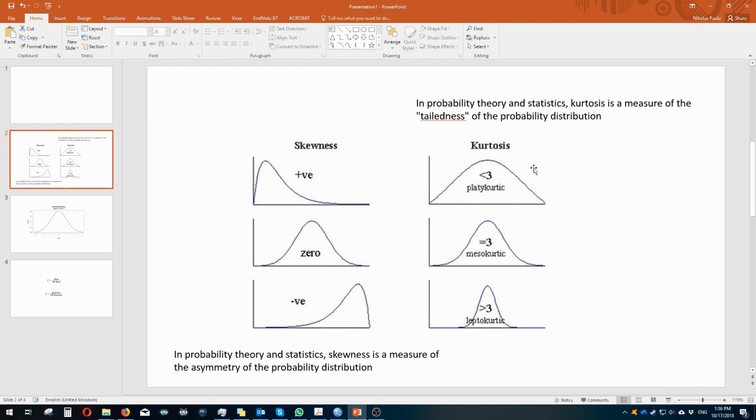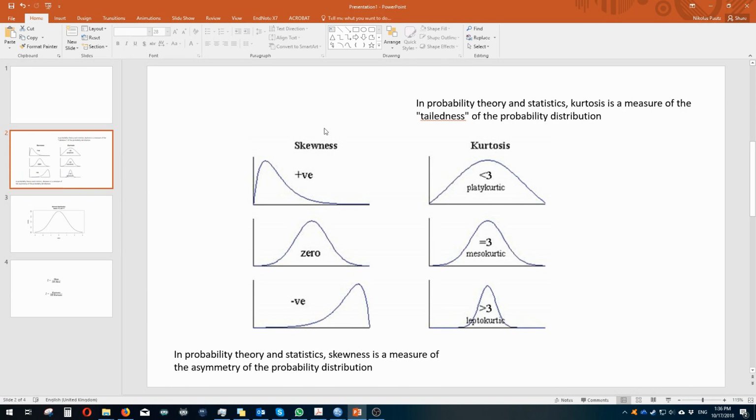As you can see, the lower the kurtosis, the more spread out those tails are. As we go from a platykurtic distribution, which is less than 3, to a mesokurtic distribution, which is exactly 3, and the leptokurtic distribution, as kurtosis increases, the tails become much more narrow within the distribution.